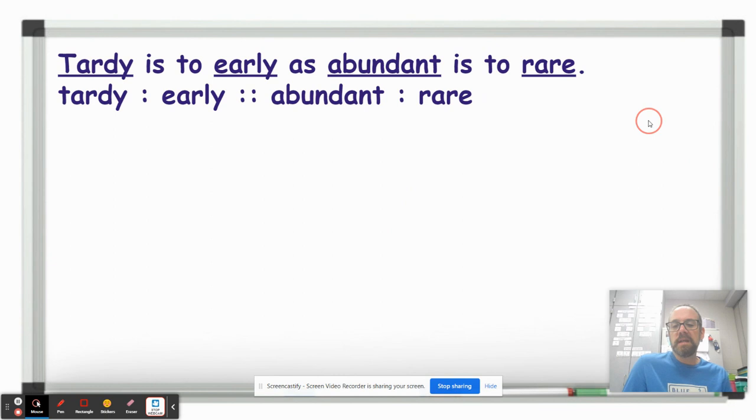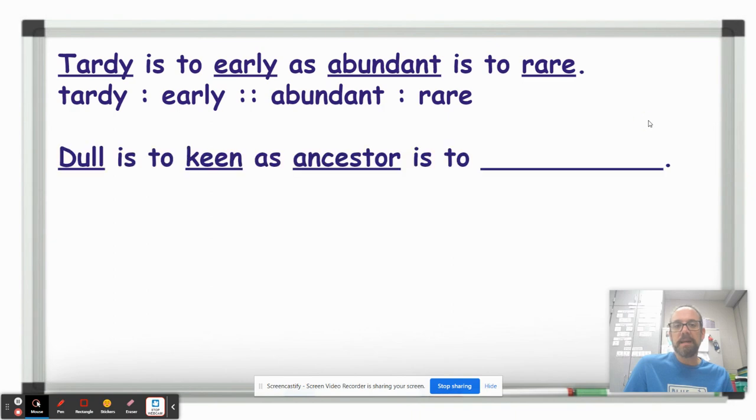So let's take a look at this next one and see if we can come up with some words that might fit with the next example. So dull is to keen as ancestor is to blank. Now these two words, dull and keen, you might not know.